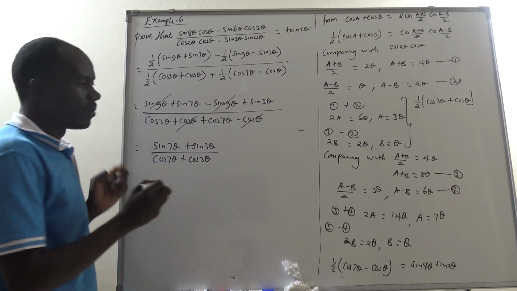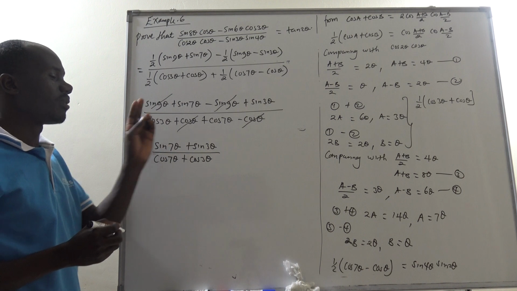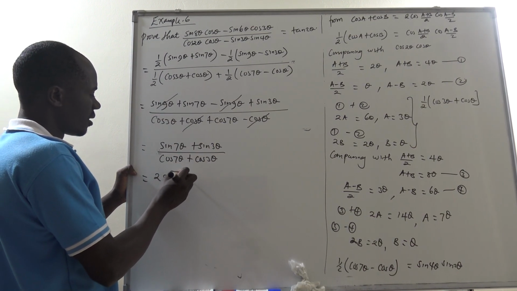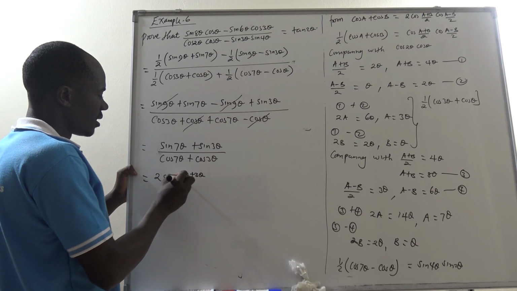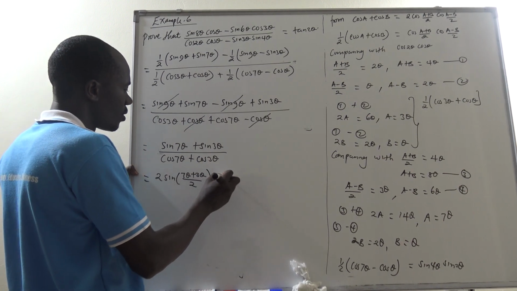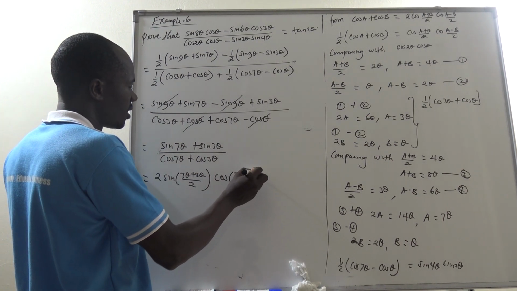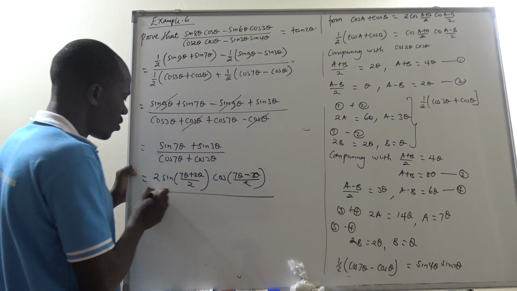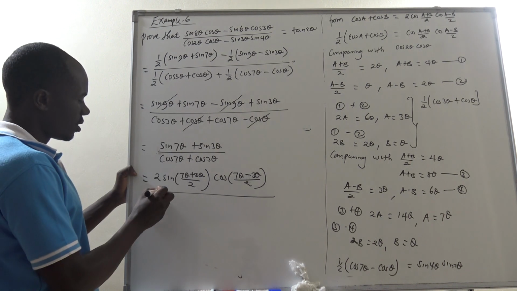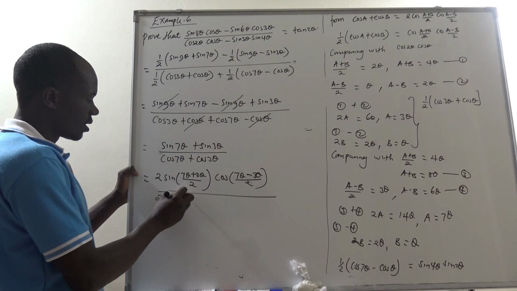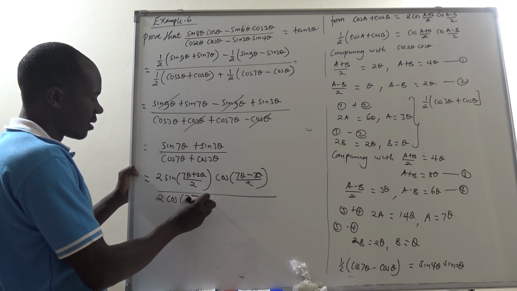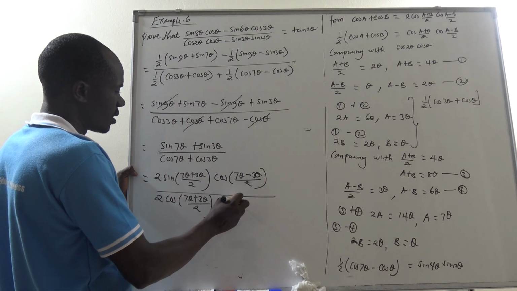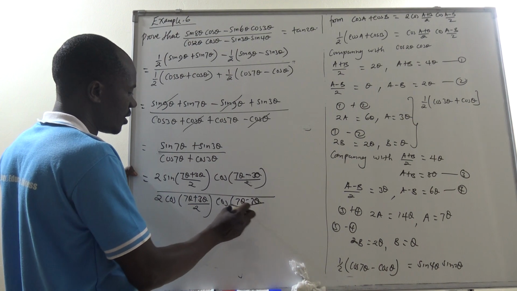Again, we apply the factor formula where we see sine plus sine. Sine plus sine was given as 2 sine of 7 theta plus 3 theta by 2 cos of 7 theta minus 3 theta by 2, all over cos plus cos, we are getting 2 cos of 7 theta plus 3 theta by 2, again cos of 7 theta minus 3 theta by 2.